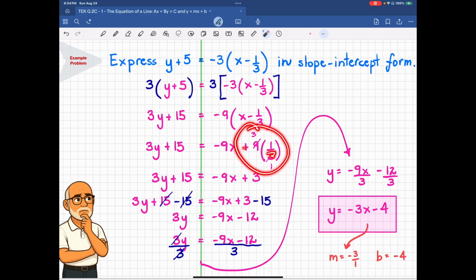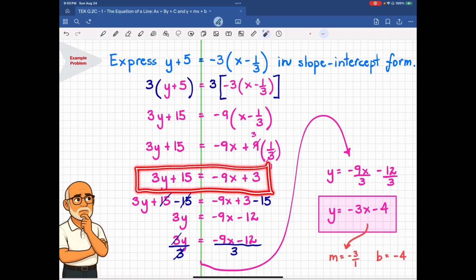Notice that I have a 3 in the denominator and a 9 in the numerator. I know that 3 can go into 9 3 times. 3 goes into 3 once. So this thing right here simplifies to be 3. So now I rewrite that step in a simplified form. I have 3y plus 15 equals negative 9x plus 3.